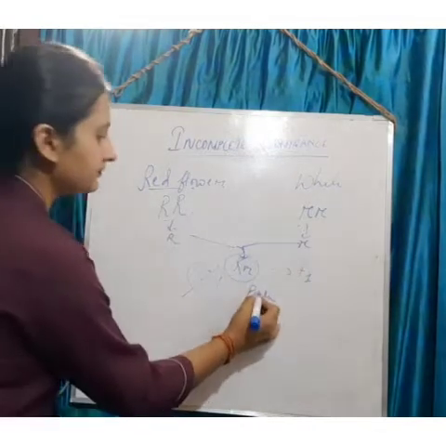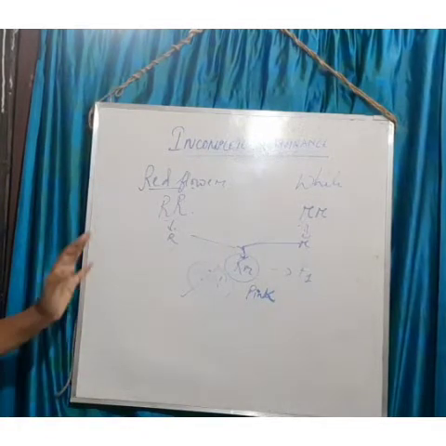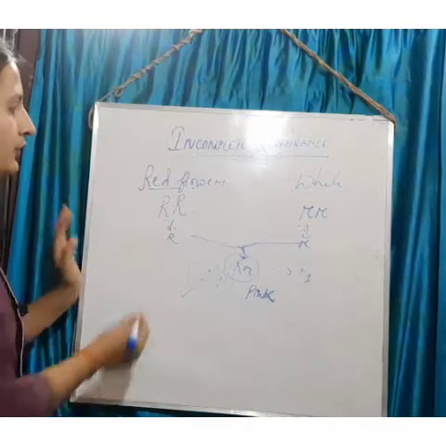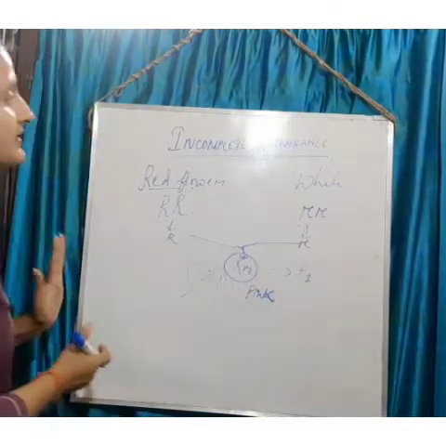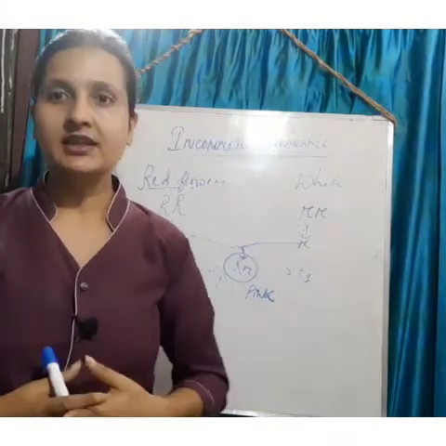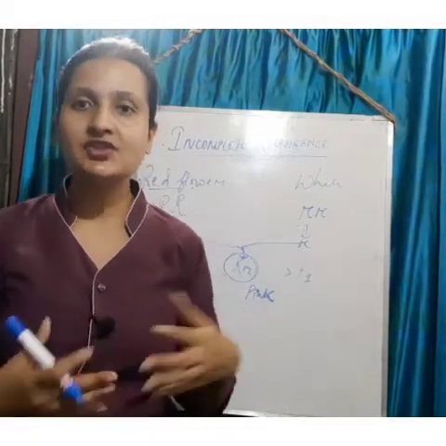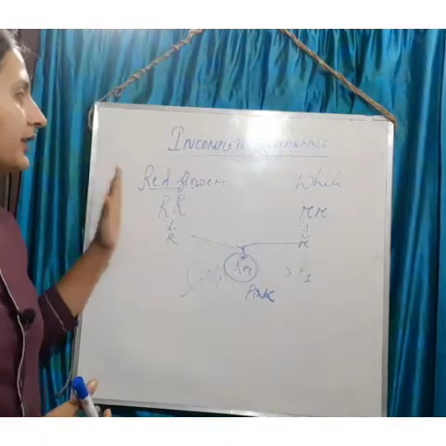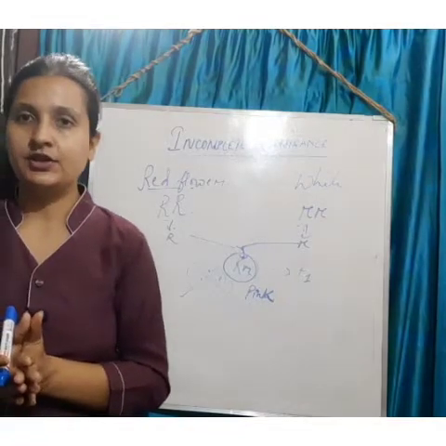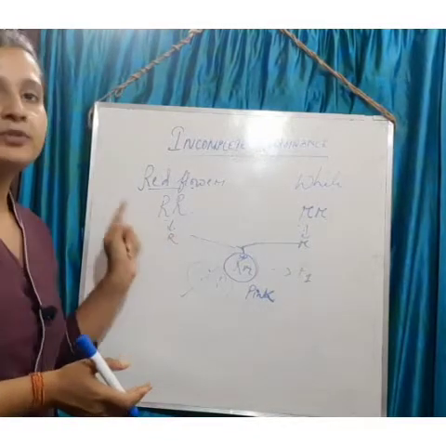So this phenomenon, incomplete dominance, was suggested for this type of character, where the dominant character is not expressing its trait completely. The genes are not expressing the dominant trait completely, and that results in a blending of the characters of both the plants, and this is called incomplete dominance.